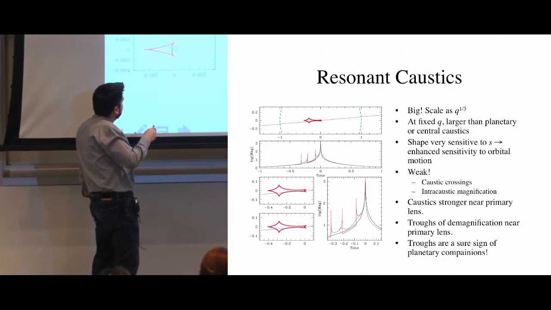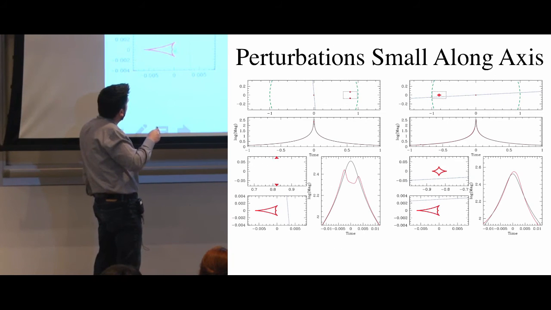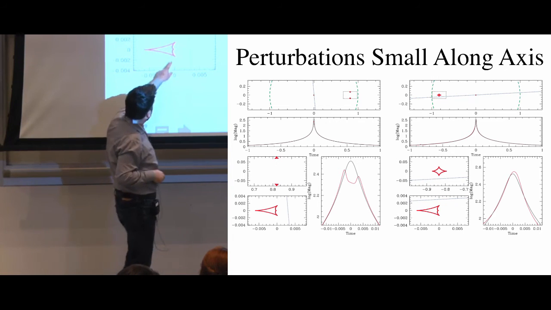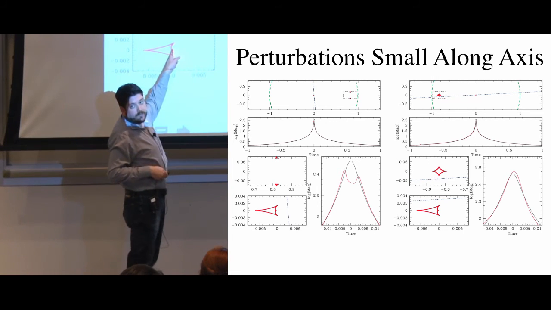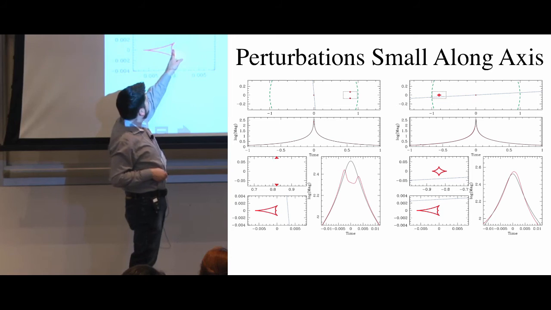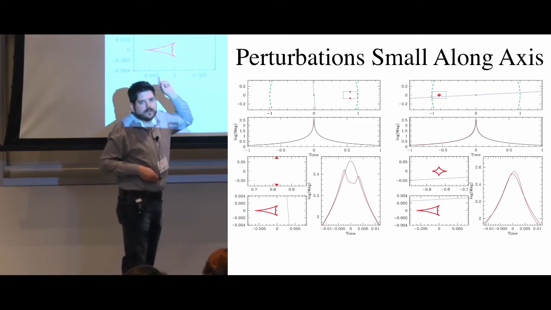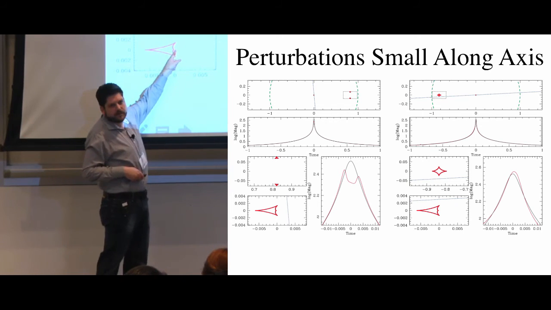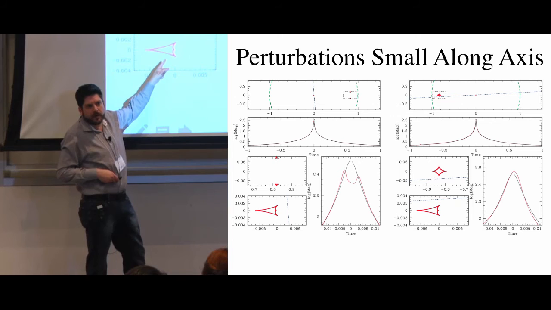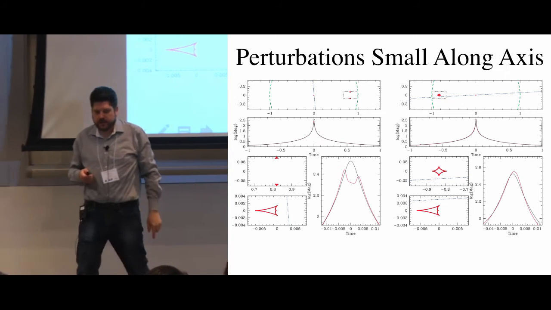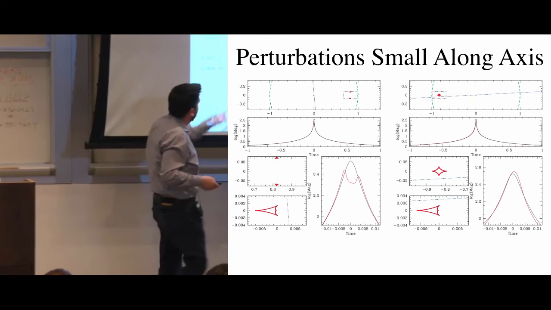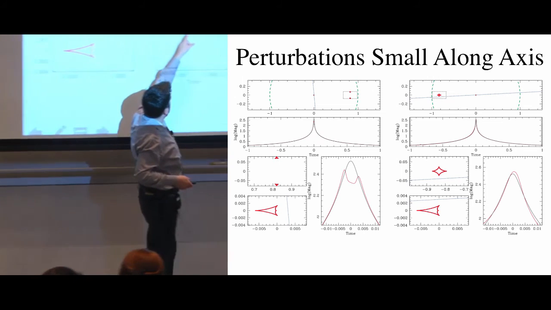The primary, which I should have noted, is always at 0, 0 in these plots. So this is the primary. If I had a third body in this system, it would distort this caustic right near that primary. So the best place to look for third bodies is when you get closest to where the primary lens is, and in the case of passing one of these double horn caustics, that's always right there in the middle.